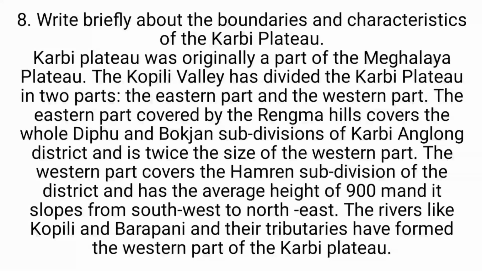The western part covers the Hamren subdivision of the district and has an average height of 900. It slopes from southwest to northeast. Rivers like Kopili and Borapani and their tributaries flow through the western part of the Karbi Plateau.